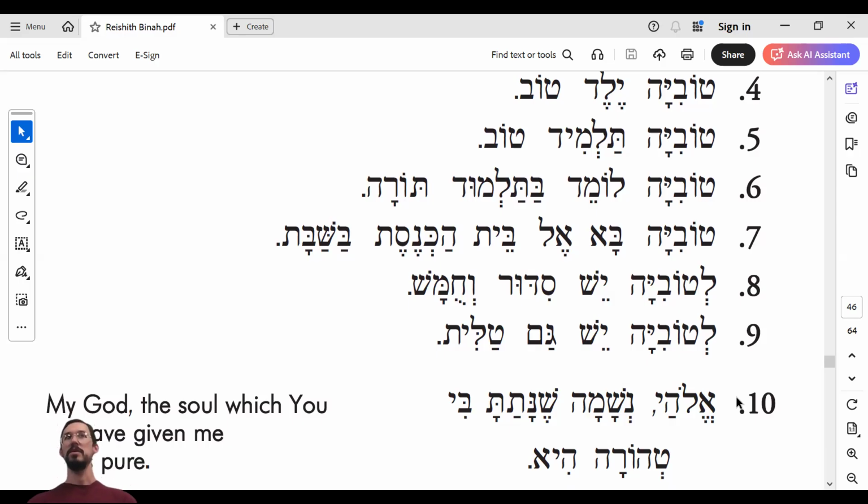So this is taken from the Siddur. It's one of the first prayers you say in the morning. There's a particular belief that when a person goes to sleep, a portion of his soul leaves the body. So Elohai neshama shenatata bi tehora hi, and later on he goes on and on.